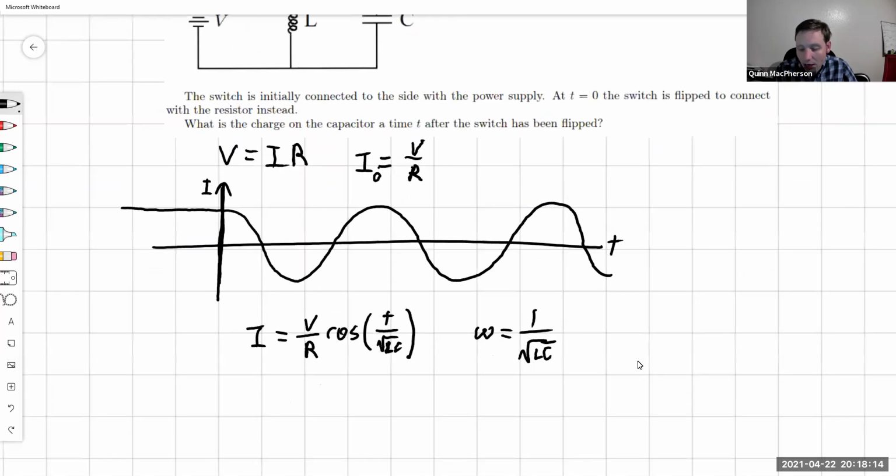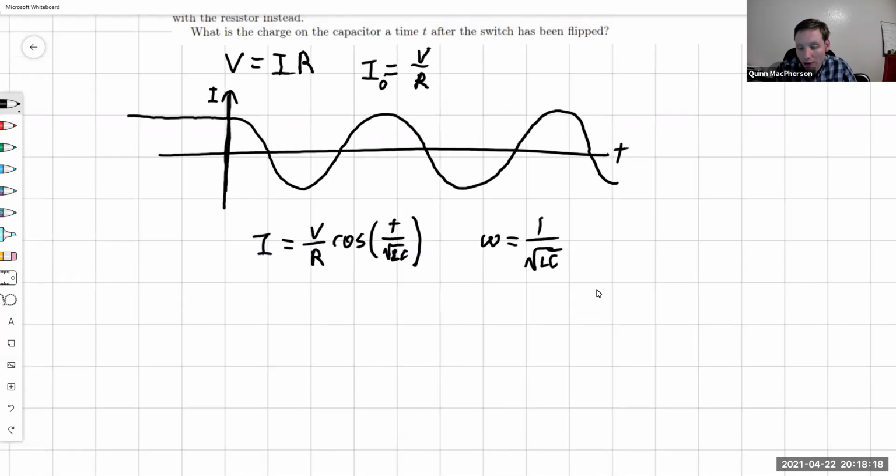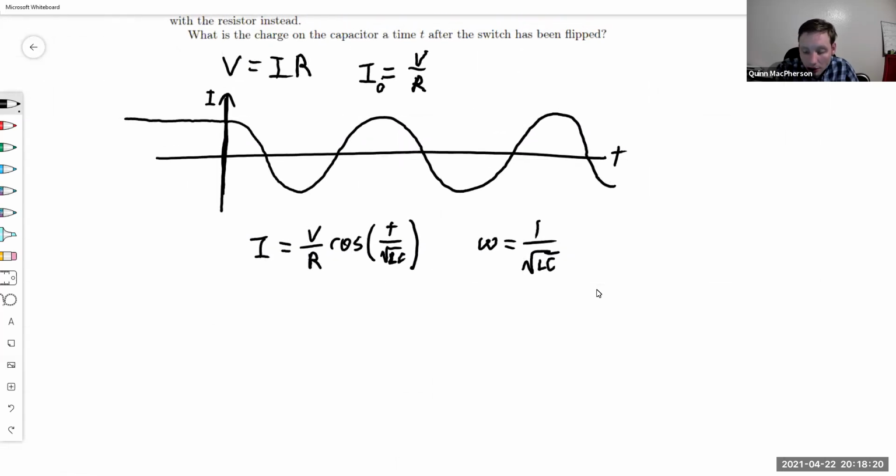Okay, let's find the charge. We're asked to find the charge on the capacitor. You may remember that I is equal to dq/dt. Basically, the current is the rate of change of the charge on the capacitor. We're trying to find q, so we're going to integrate this, moving the dt to the other side, so I dt is equal to dq.